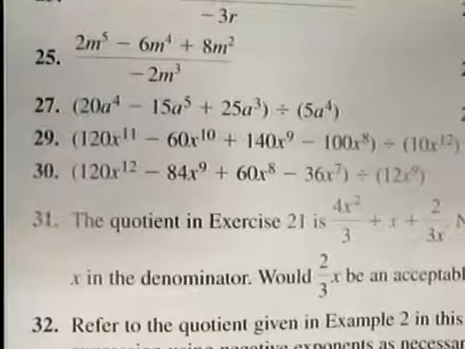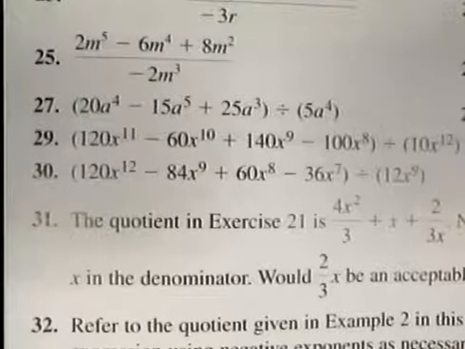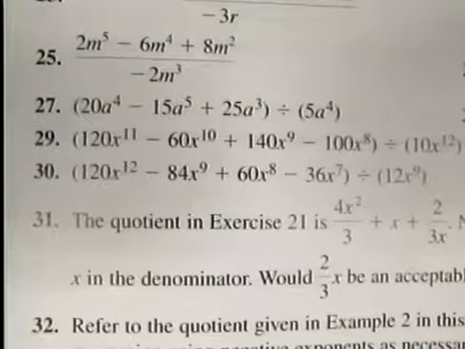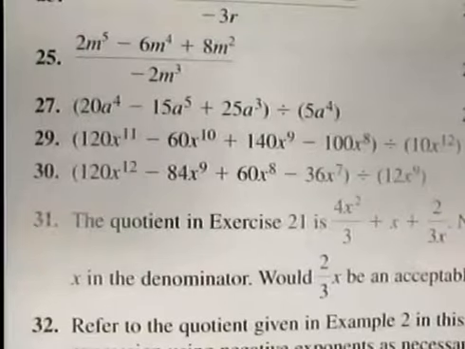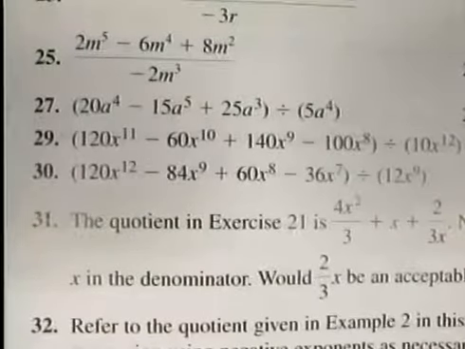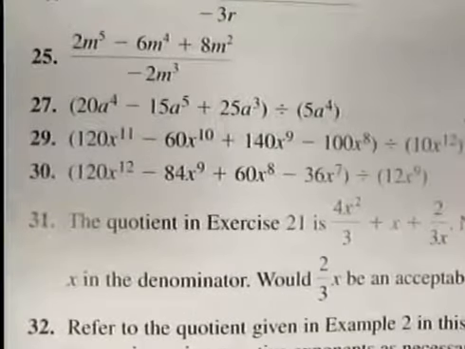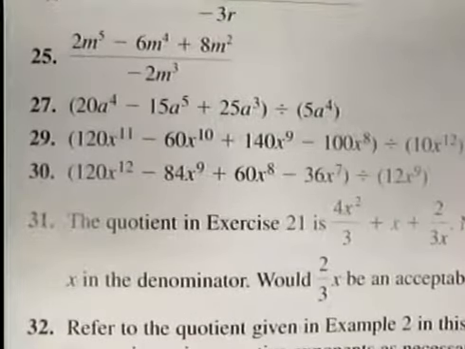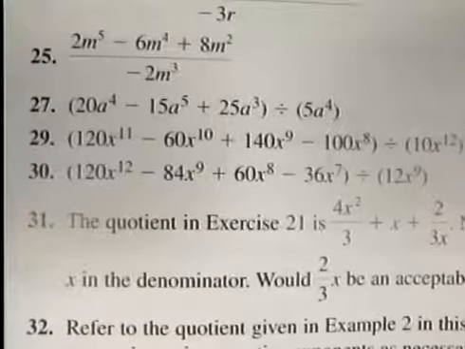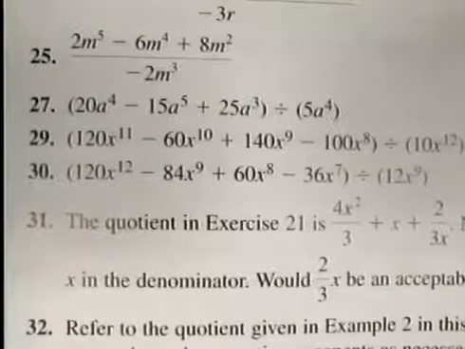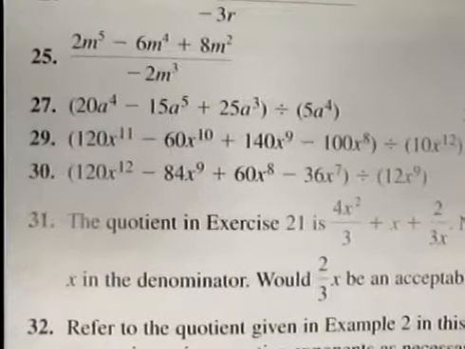Rewrite that as negative 15a to the 5th plus 20a to the 4th plus 25a to the 3rd. That is, do it in descending order. Now notice the last part of that. You'd have 25a to the 3rd divided by 5a to the 4th. You're going to end up with 5a to the minus 1. So be a little bit cautious there. That's a little bit unusual in that one.